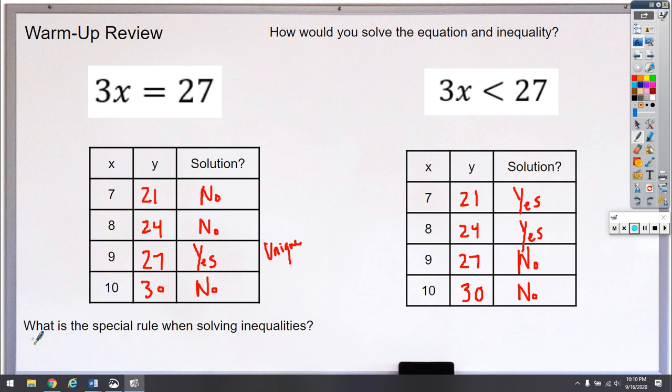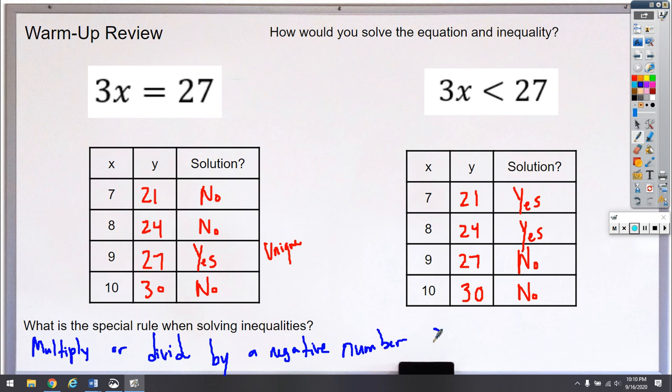So remember, if I multiply or divide by a negative number, flip the inequality symbol. So we want to make sure we follow through with that because that's going to be a very important rule, especially for your activity later on today.